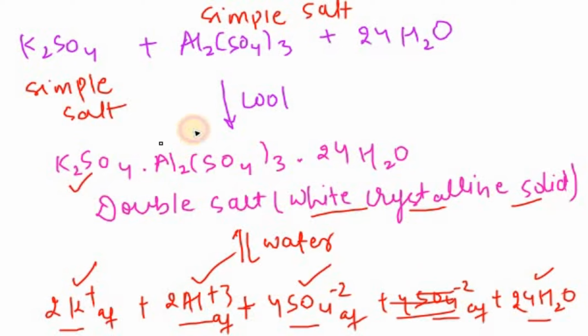If we take the test of Al3+, it will give the test of Al3+. It also gives the test of SO4 2-, and it gives the test of water also, since it has dissolved into water. So it gives the tests of all these three ions, and that's why it is an example of a double salt.